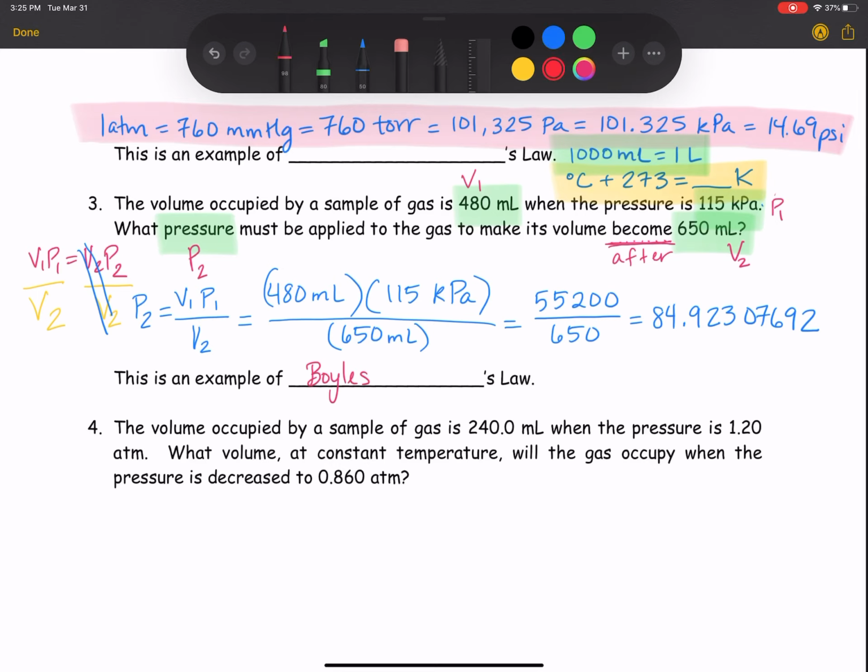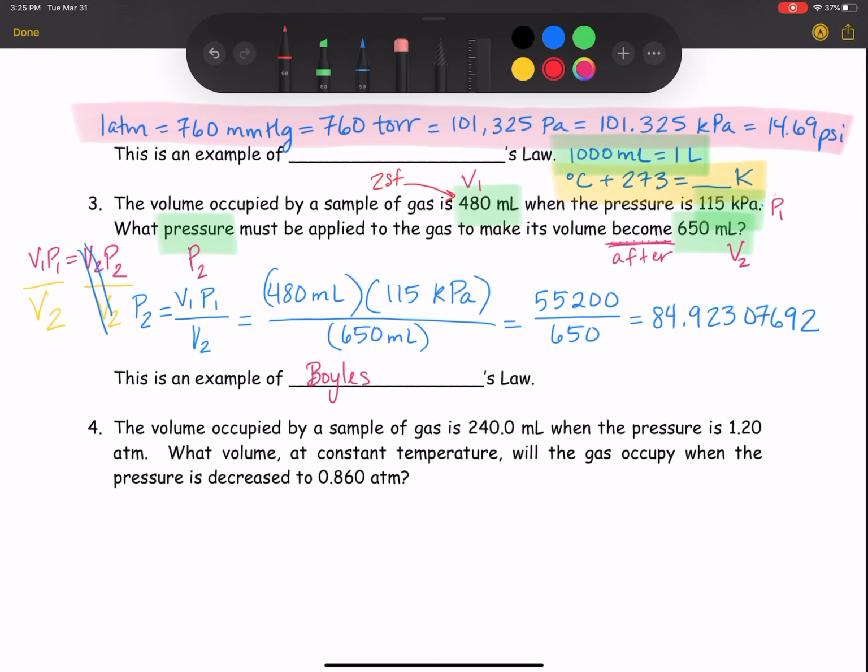If I go back to my question, I want my data to always be what was really happening and not what it could be or what I want it to be. So my volume is 480 milliliters and my pressure is 115 kilopascals. That means that 480, that's a trailing zero, no decimal, is 2 sig figs.